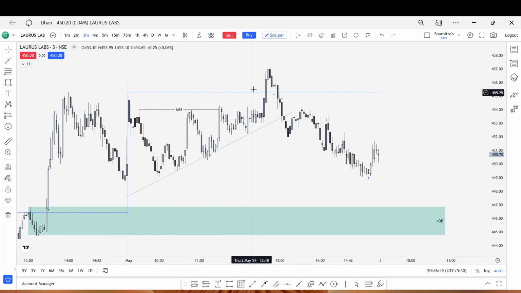Because it wants to clear this liquidity and then it wants to come into this order block. So that was the intention of price, but it was tricking traders like us, giving a breakout kind of thing and then showing that it wants to go in the bullish direction. Actually it wants to go in the bullish direction, but after meeting this discount area.